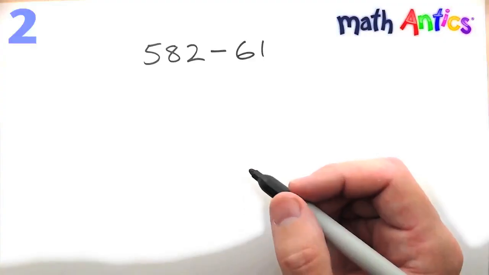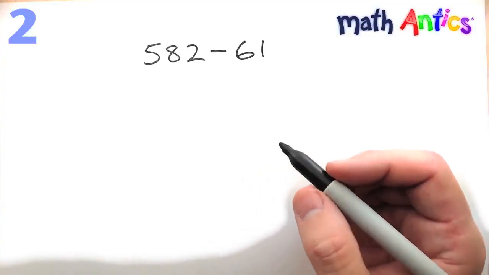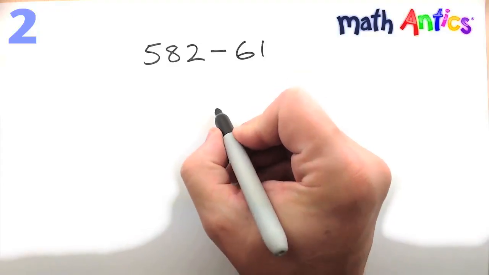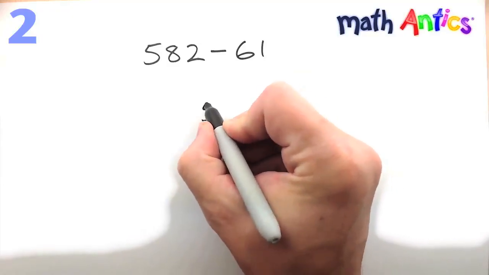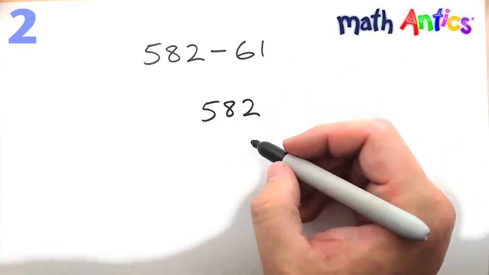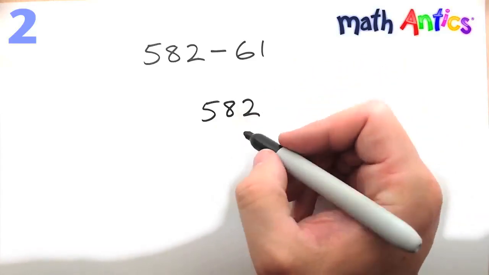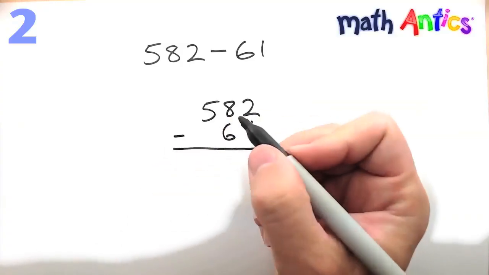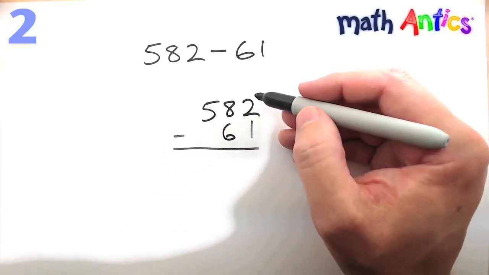And now we have 582 minus 61. Once again, we need to rewrite it in stacked form so we can use our procedure. So we have 5, 8, 2 on top, and then lined up with it, making extra sure that the ones columns line up, we have 61. We put in our line and our minus sign. Now we just go through column by column.